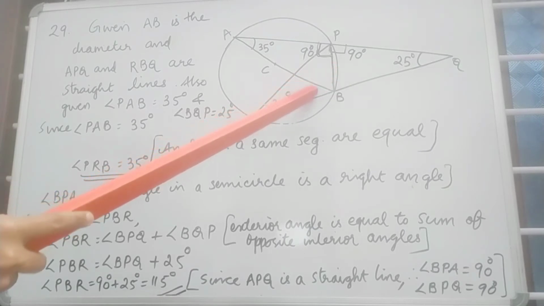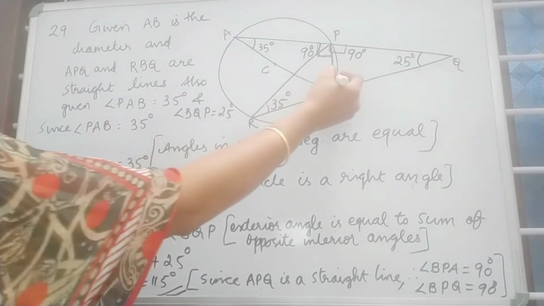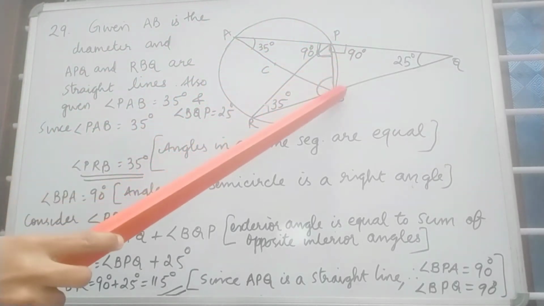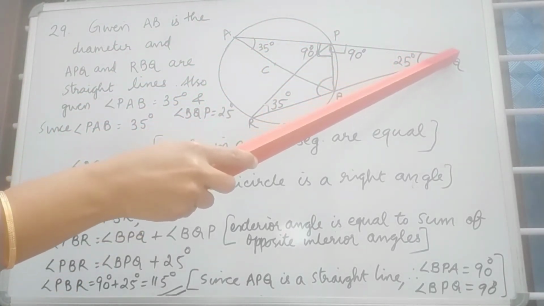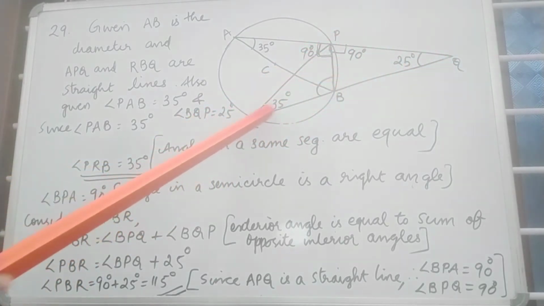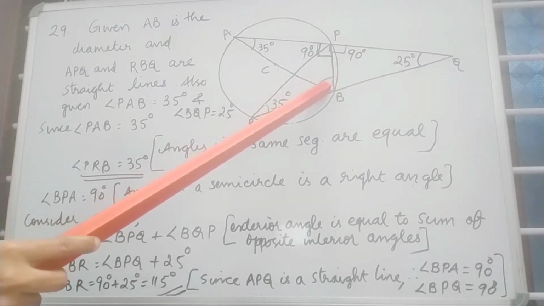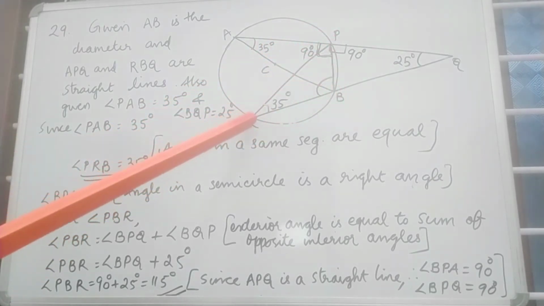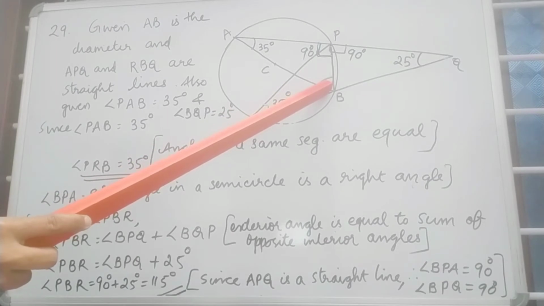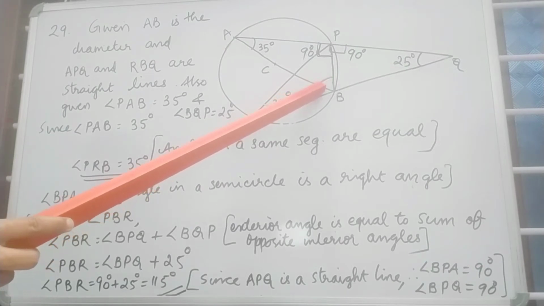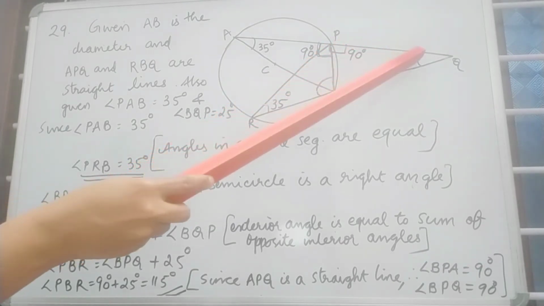If we are considering triangle PBQ, angle PBR will be the exterior angle of triangle PBQ. We know the exterior angle is equal to the sum of the opposite interior angles.